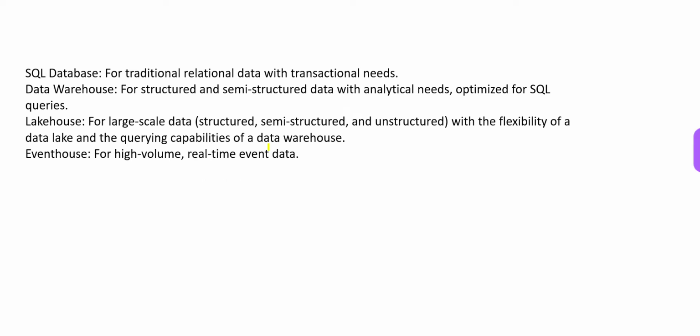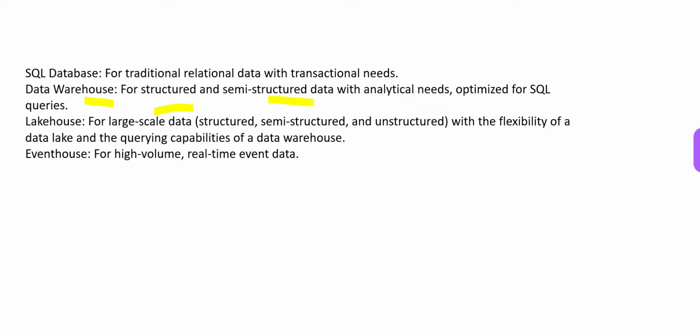So let us understand. See, you need to know these four things. Azure has SQL database. It is a relational traditional database. Simple. It is just a database to store data, just like SQL Server, etc. Then there is something called data warehouse. In a data warehouse, you can store structured, semi-structured data.